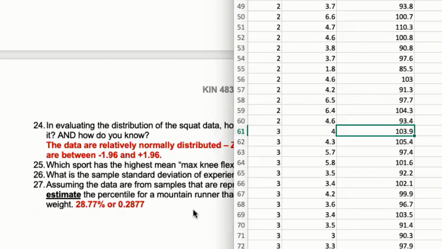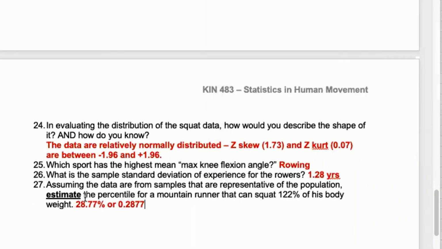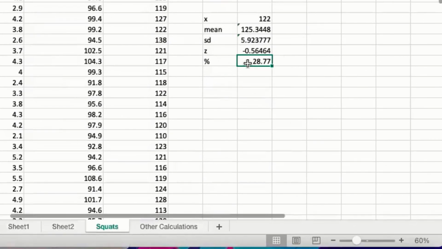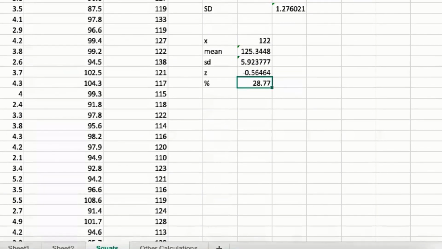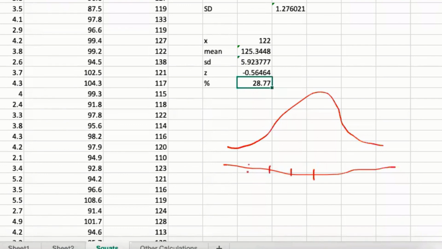Okay. If I had rephrased this question to ask, estimate the percentile for a mountain runner that can squat 122% of his body weight or more, those would be examples where you find the Z-score at the raw score of interest, which we did. And then if you were looking at the distribution, where the mean is in the center, we had a negative Z-score. So you can imagine your standard deviation tick marks.